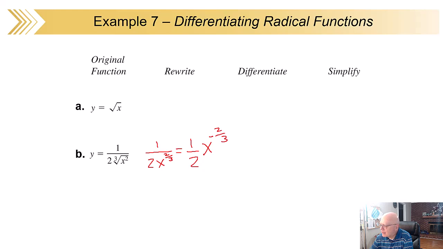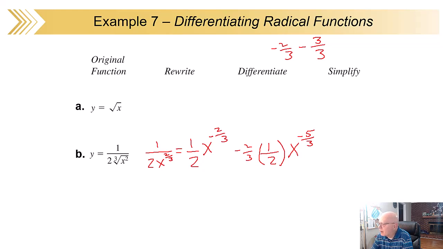So maybe what I need to do for you is, there's our negative 2/3. I've got the 1 over 2. And then I've got x to what power? I've got negative 2/3. I'm going to be subtracting 1, but I need a common denominator, so I'll be subtracting 3 over 3. So negative 5/3. A little bit of rewriting here.